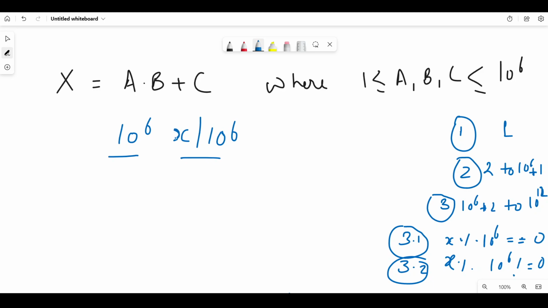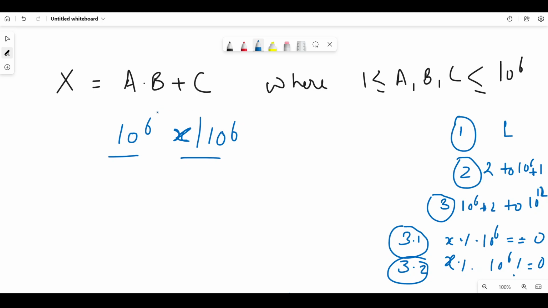I will get a quotient from the division so that I can multiply it, and I will get the values of a and b. And as it is not completely divisible by 10 to the power 6, some value will remain. I know that x is greater than 10 to the power 6, and I have calculated a value which is a multiple of 10 to the power 6, because I am multiplying 10 to the power 6 with the quotient from dividing x by 10 to the power 6.